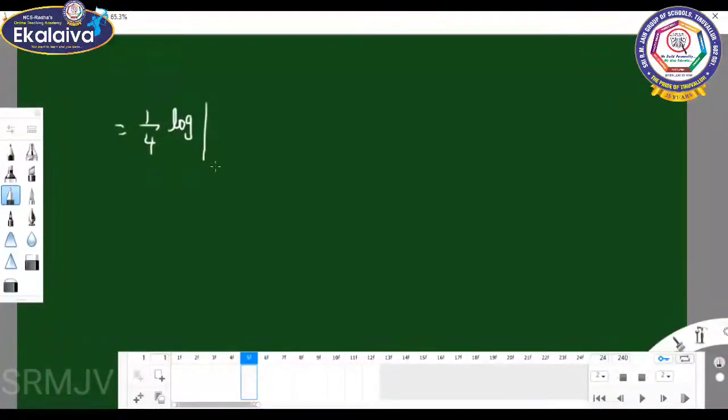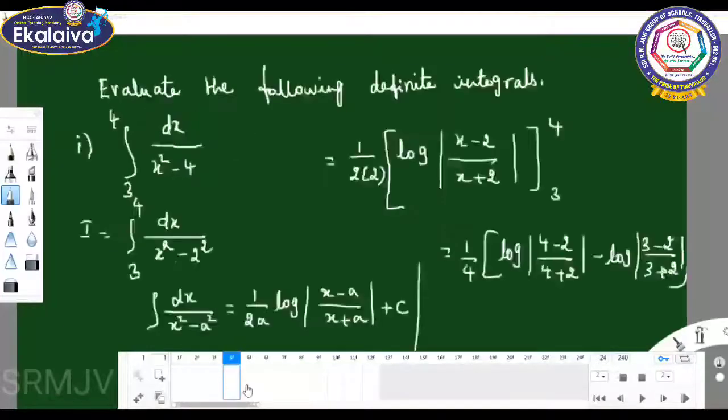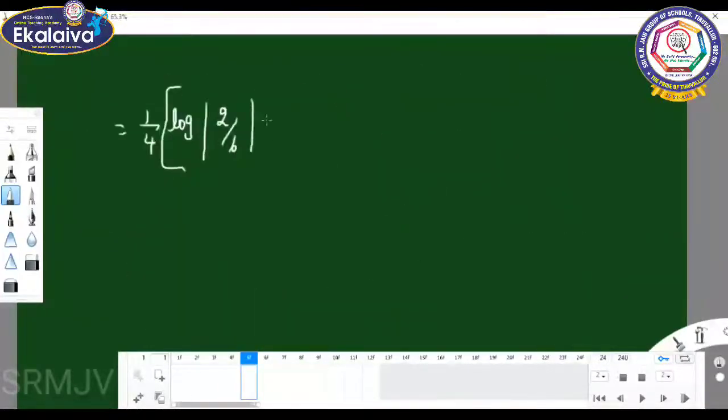log of modulus of 2 by 6 minus log of modulus of 1 by 5. You cancel the value one time, three times.